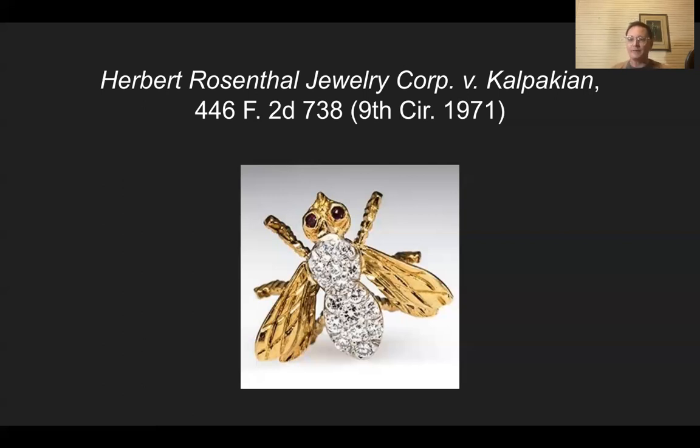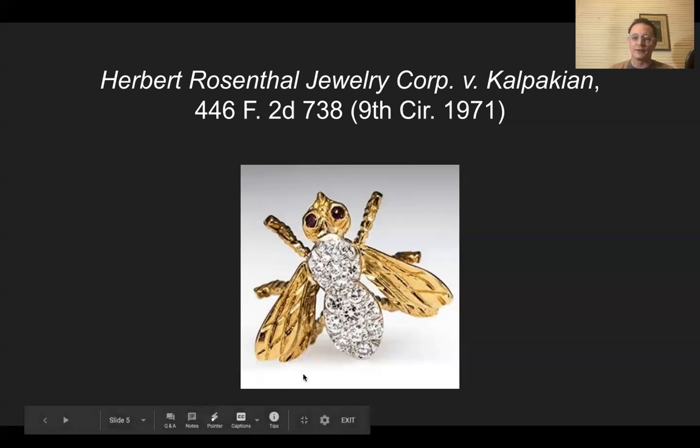They can't claim abstract protection of bee brooches and prevent Kalpakian from competing in the market. All they can claim is copyright protection over the particular design, the particular brooch that they actually created under the circumstances.